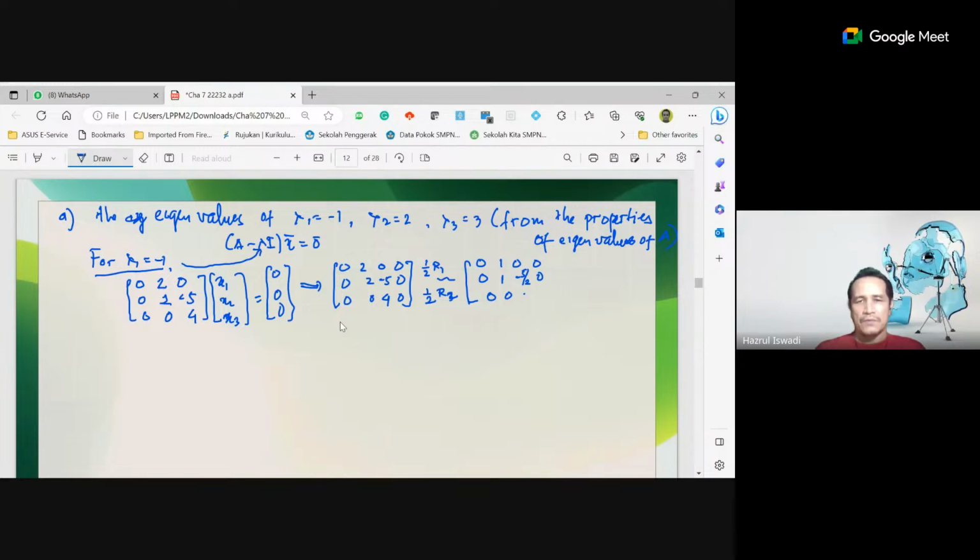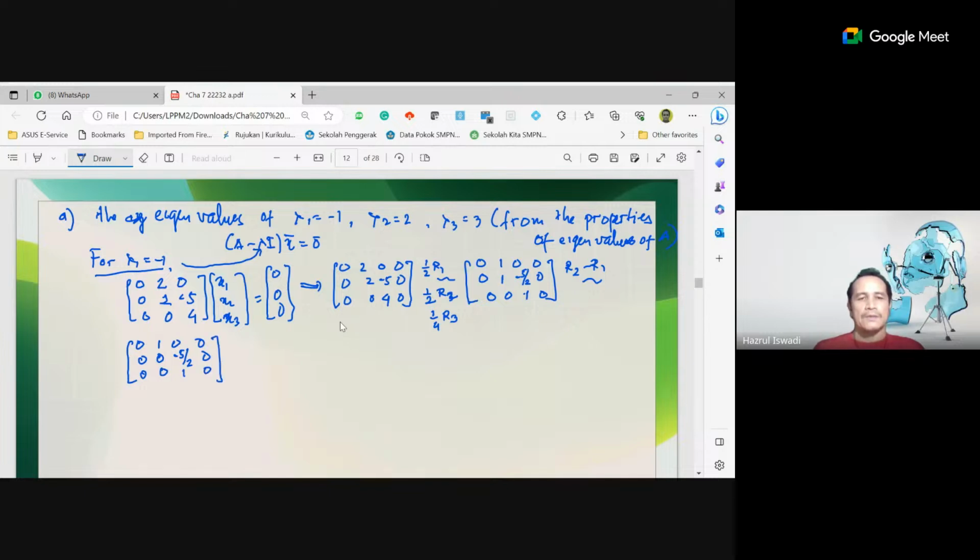I think we can divide by 4 directly, 0, 1, 0, like this. And subtract R2 by R1, row 1. We have this is 0, 1, 0, 0, 0, 0. This is minus 5 over 2, 0, 0, 0, 1, 0.